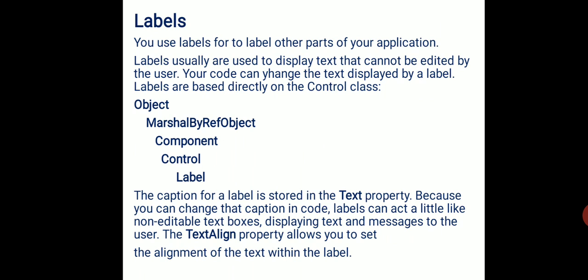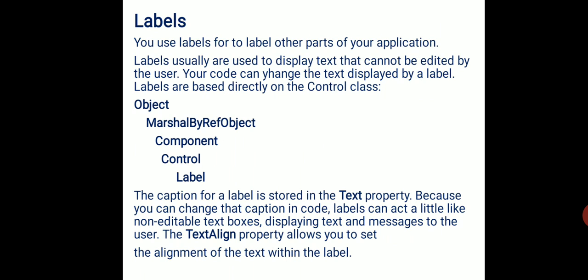The Label is under the Control class, which is under the Component class, and Component is under the MarshalByRefObject class, which is under the Object class. The caption for a label is stored in a Text property. So even a label has a Text property. Because you can change the caption in code, labels can act a little like non-editable text boxes, displaying text and messages to the user.